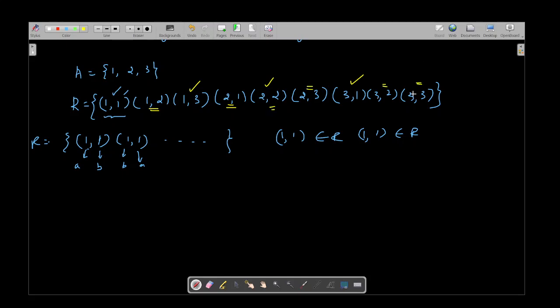Similarly for (3, 3) we can write (3, 3) again to satisfy this condition. So we can conclude the universal relation is always symmetric. So the empty relation is also symmetric, and the universal relation is also symmetric.